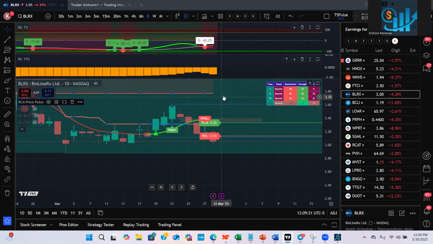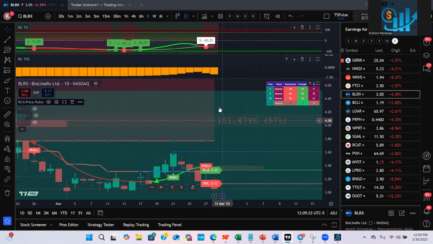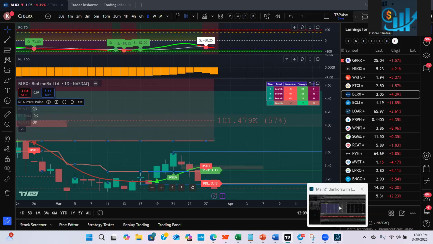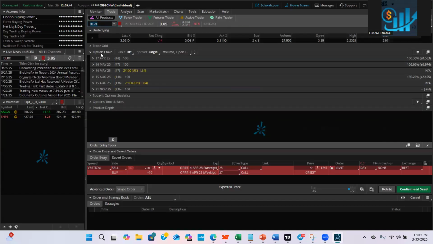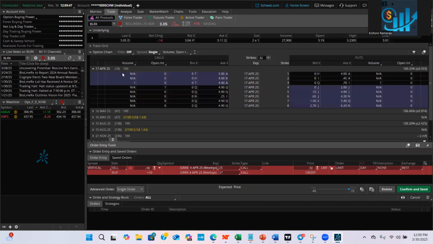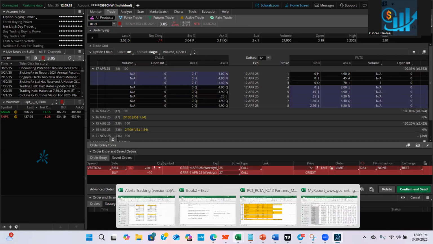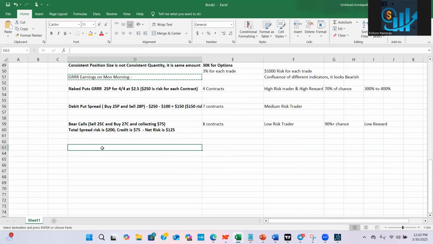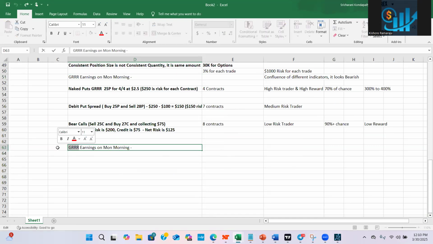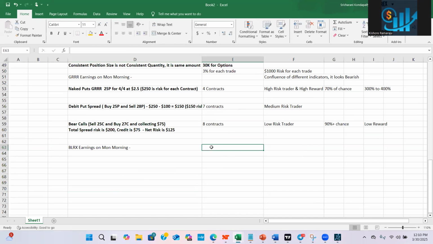But again, your lowest risk is if I go and do a bear call above this, or if I sell a 4 call, right? If I go to BLRX, let us say BLRX earnings, right?